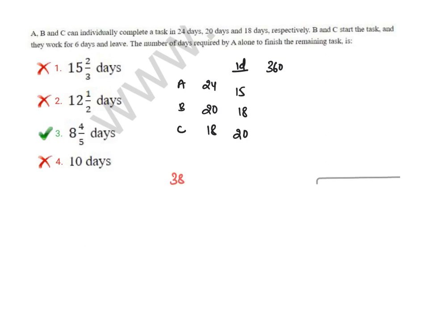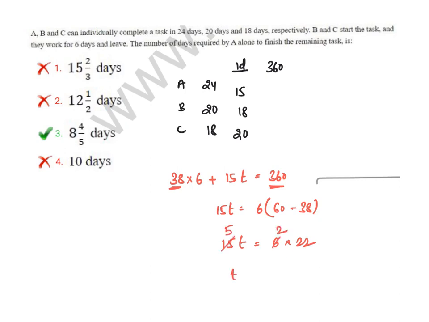Then A will come and complete the total work. How many days will A take? So 15T is equal to 6 into, taking 60 minus 38, 6 into 22. So T is equal to 44 by 5, which is 8 4 by 5 days.